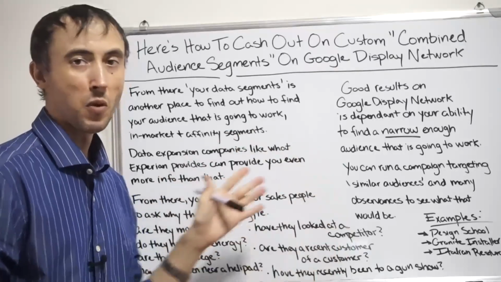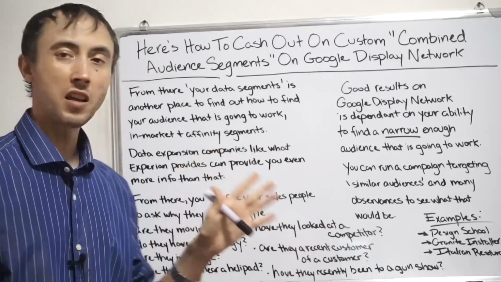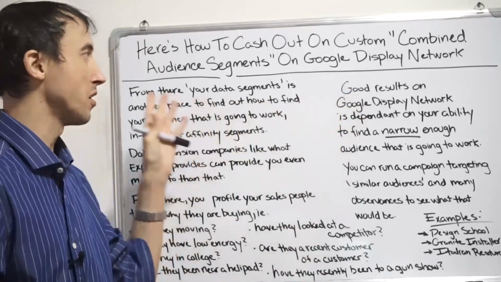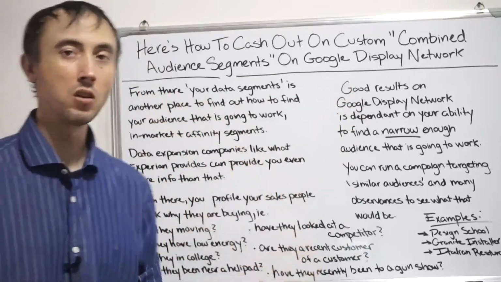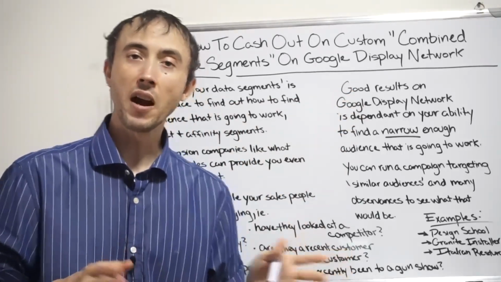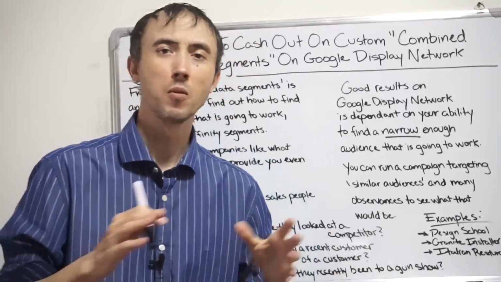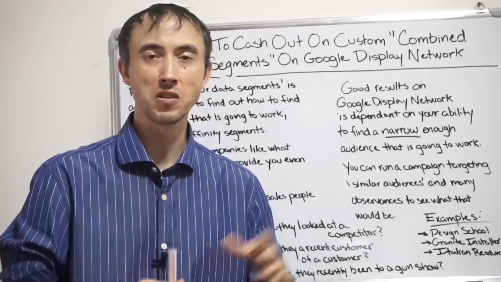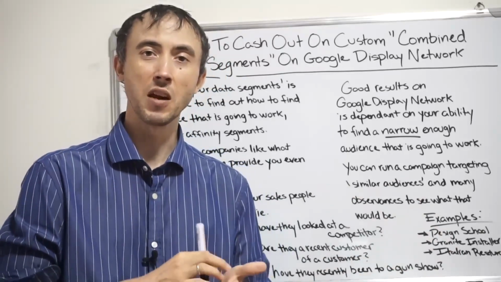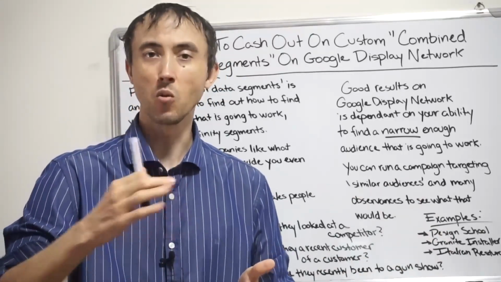I won't go into all the combinations right away before I get into the intro here, but there's a lot of different ways to do the targeting in Google Display Network, specifically using this combined audience segment tool, to the point where everybody who's wanting to get customers online, particularly for B2C businesses selling to consumers, not to businesses, where display network advertising works quite a bit better.